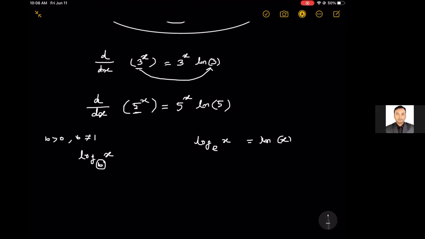and this base b again could be anything greater than 0, other than 1. If it's greater than 0 and it's anything other than 1, then for any function of this format, the derivative of this, let me write d dx, will be 1 over x times natural log of b.